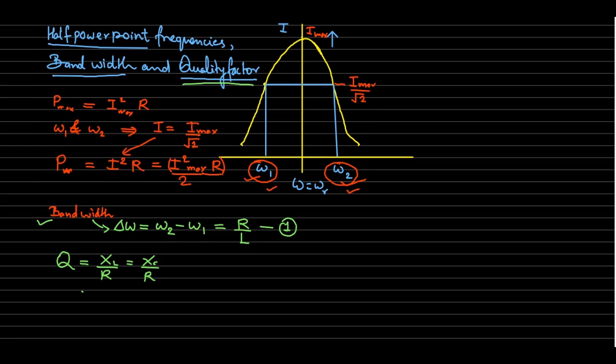Or you can say omega L upon R, or 1 upon omega C R. This is quality factor. Now what does it show? It shows the sharpness of the resonance. Quality factor Q shows the sharpness of the resonance.